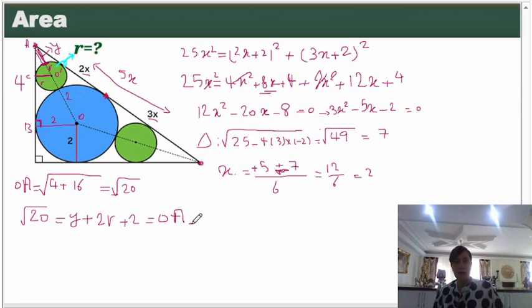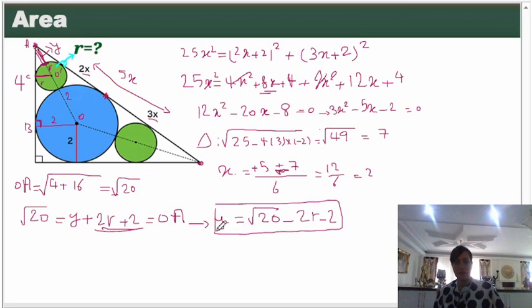Okay, so I can say Y equals square root of 20 and bring these two terms to the left side, minus 2R minus 2. Keep it here. I needed to find the radius here.